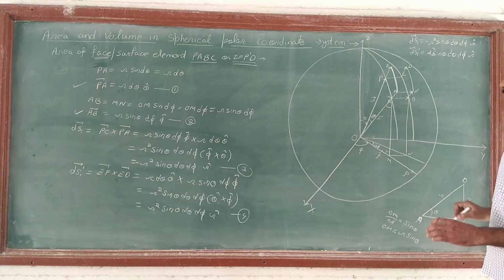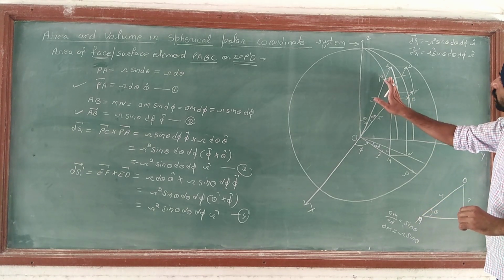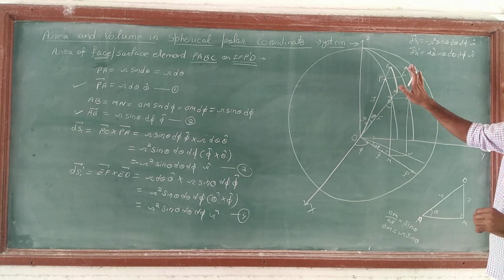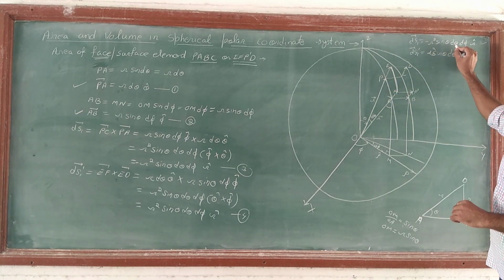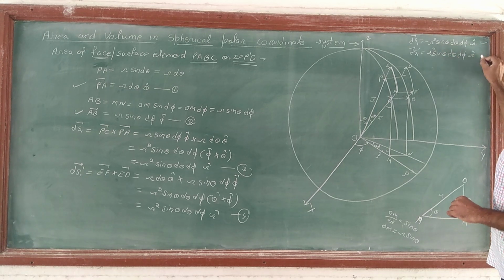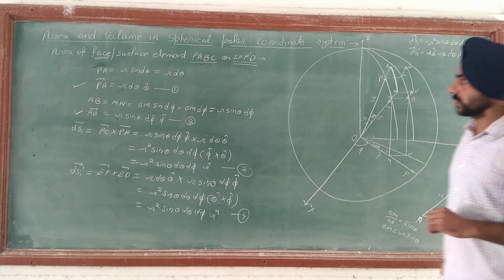So we have found the two area vectors for the back face and the front face. Here you can see the magnitude is the same, R² sin θ dθ dφ. The only change is the direction, they are in opposite directions.